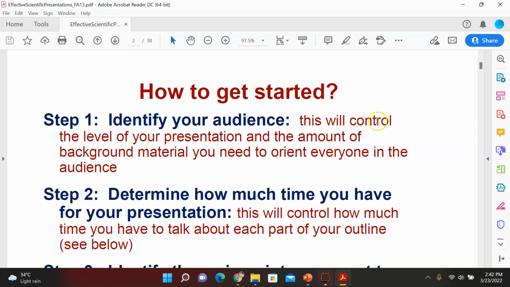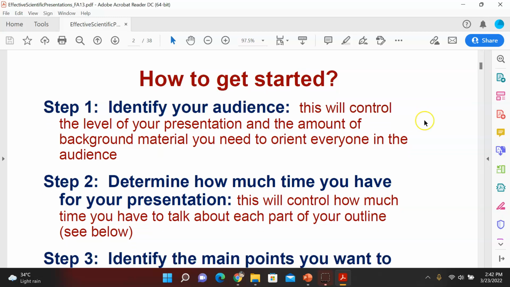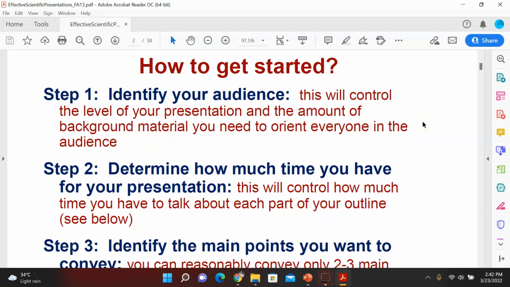Right. So first things first, when you write a seminar presentation, you always need to identify your audience. In our case, it's pretty obvious. It's your peers. Your peers might not have all the knowledge on your own research, so you should be giving a lot more background material.